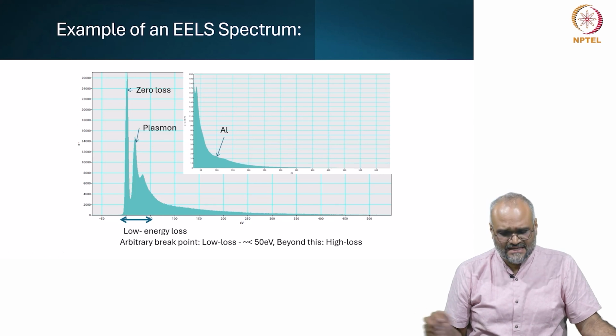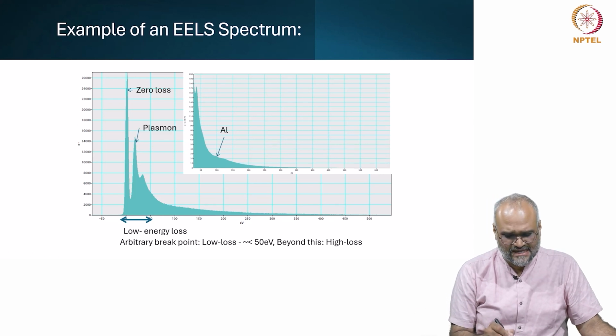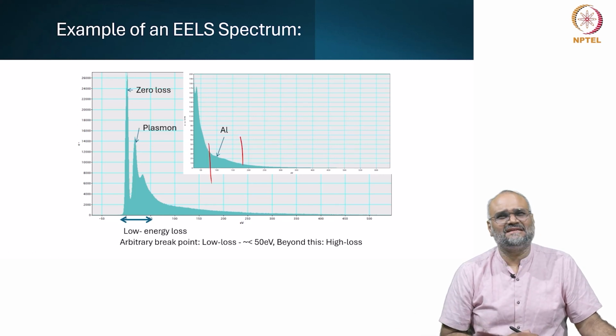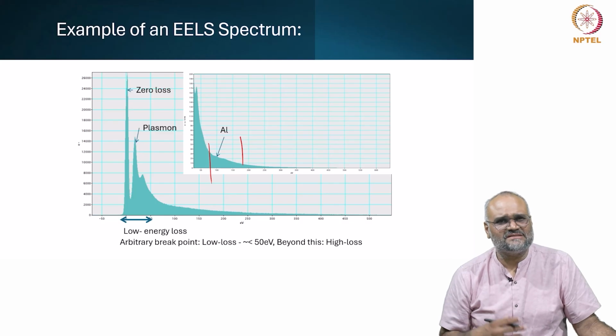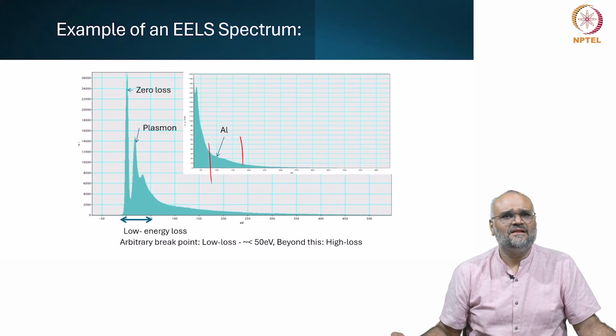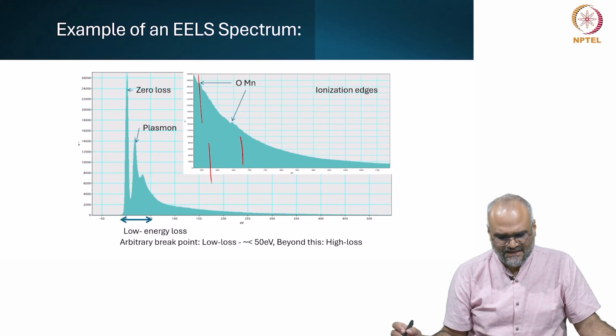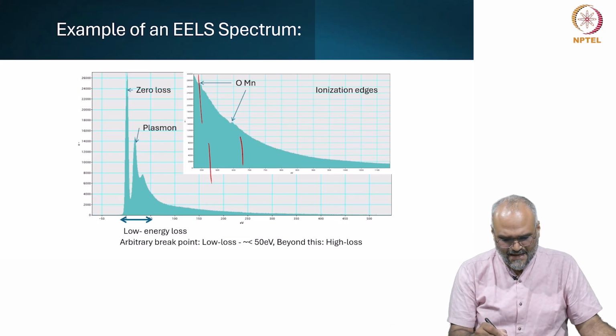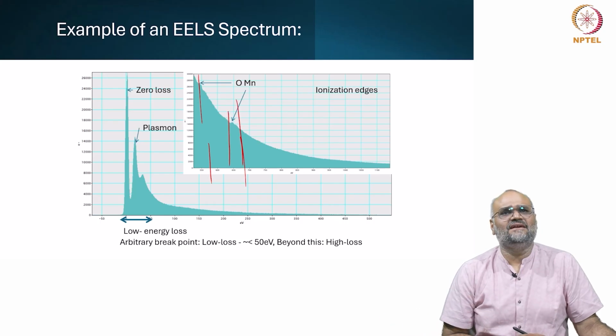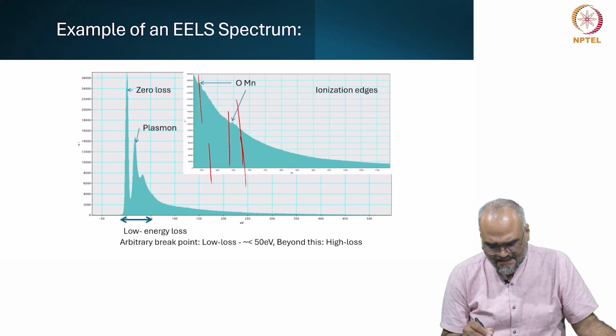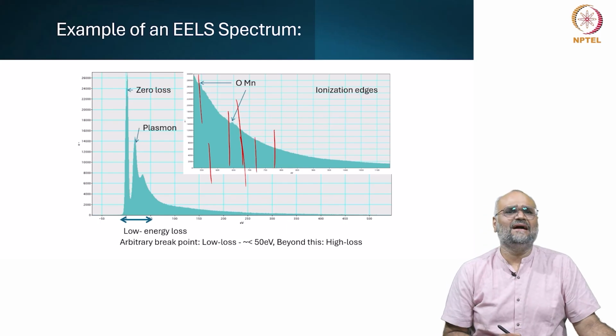In the previous case, I was looking at aluminum, which is around 76 eV if I remember correctly. This was done already some time ago. But if I look at oxygen, it is around 530 and manganese is around 630. And somewhere here you would have copper and iron as well.